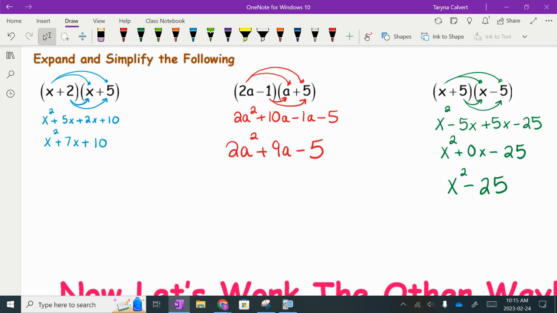So the last one expanded, the two middle terms canceled out in that one. So hopefully you guys are left with an x squared minus 25.